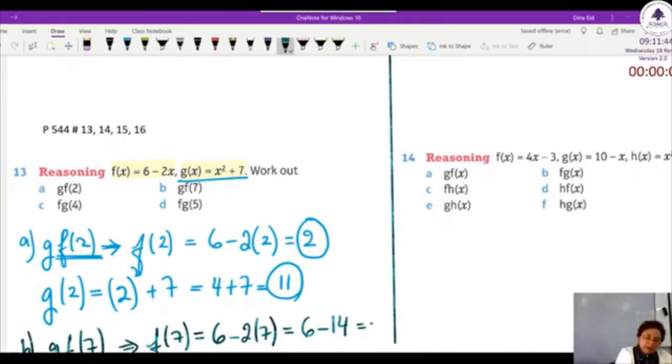Okay? Then I take minus 8 and replace it in g. So the answer is going to be minus 8 squared plus 7. So 64 plus 7, and the answer is 71.